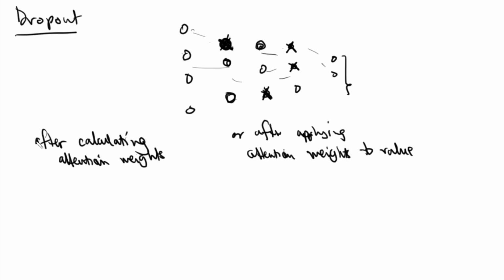So you can apply it after calculating the attention weights, dropping out some of them, or after you have applied attention weights to the value matrix of value vectors. That's what we're going to do. We're going to do it this way. This is the most common one, where you apply it after calculating the attention weights.